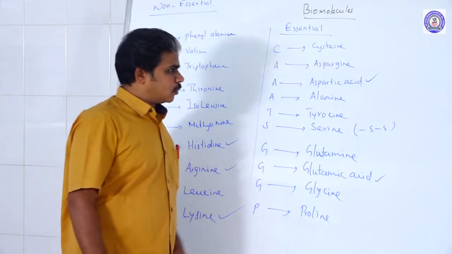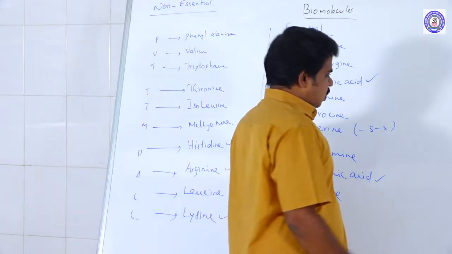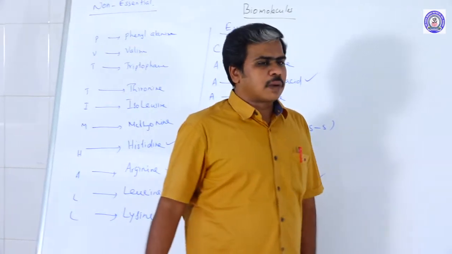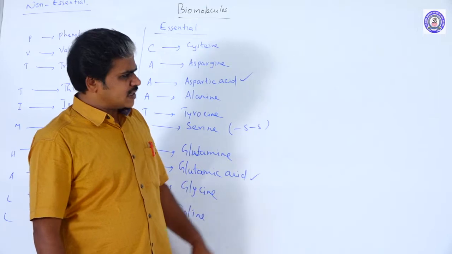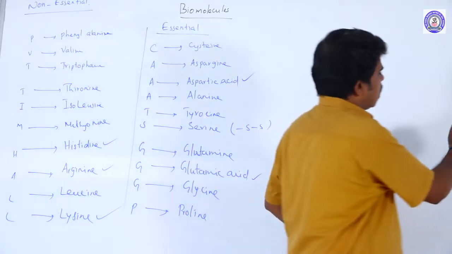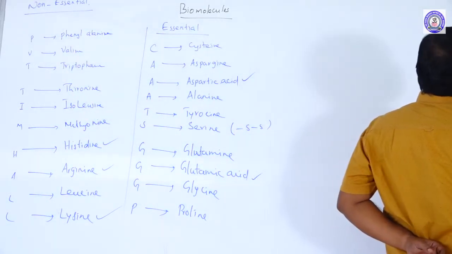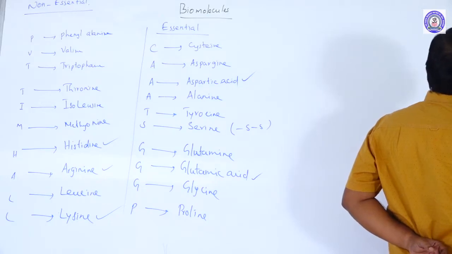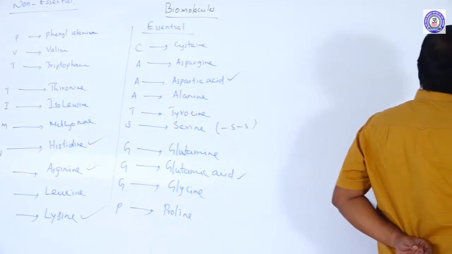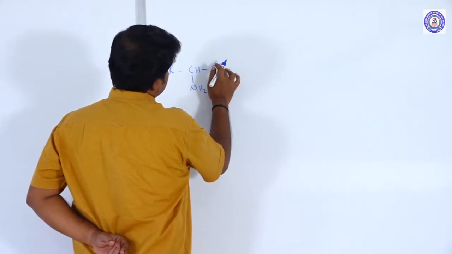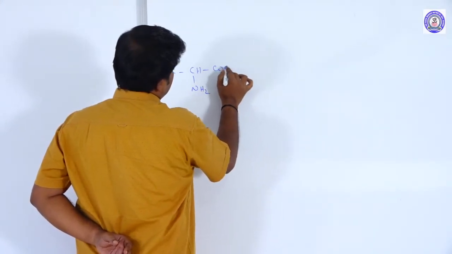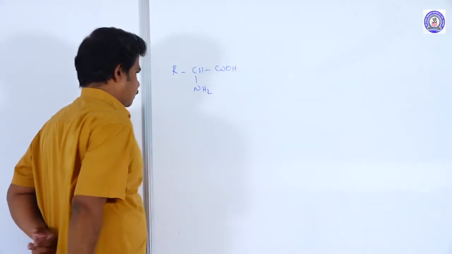Okay. Now the next one, we are taking the properties of amino acids. Generally, it is an alpha amino acid: CH, NH2, and C double bond O and OH.